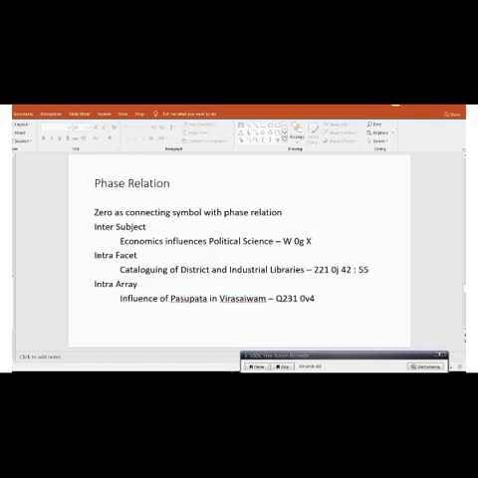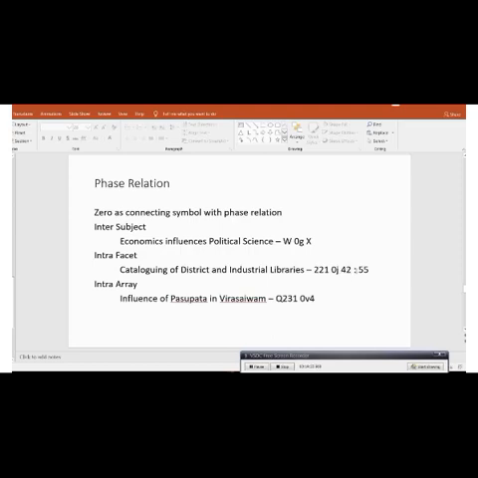Cataloging. Within that facet, cataloging of district and industrial libraries. Here these two, district and industrial libraries, come under the same facet. So it is the personality facet, cataloging is the energy facet. Here 2 is the basic class, 2 1 is the district, 4 2 is the industrial libraries.